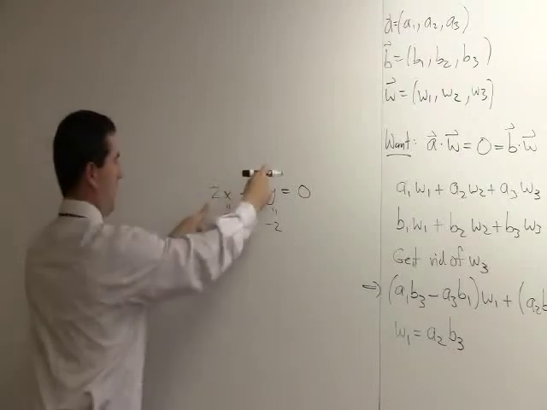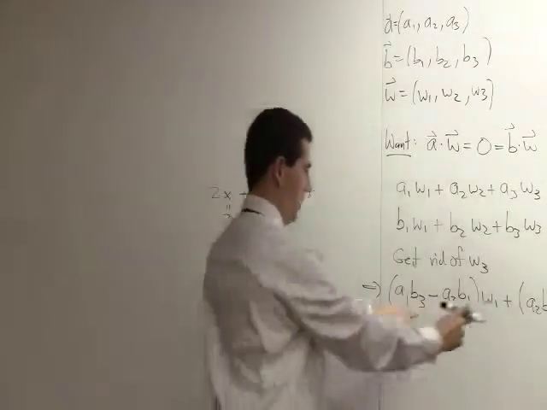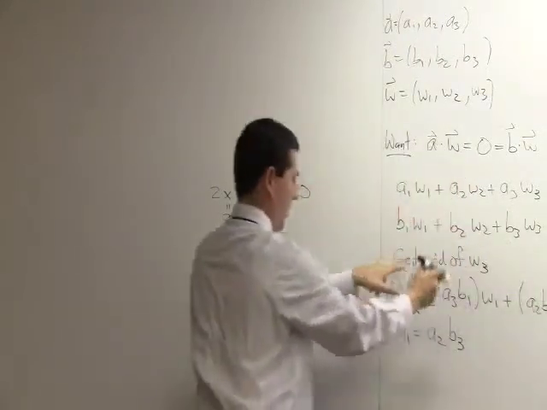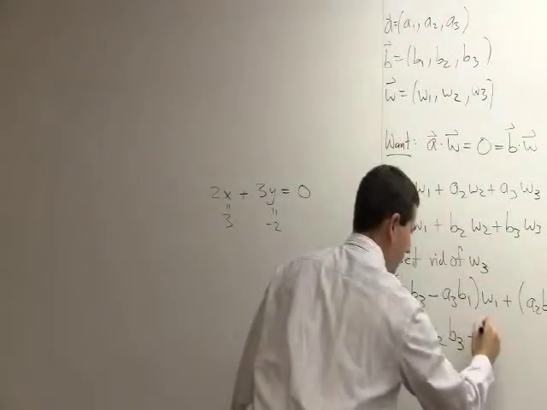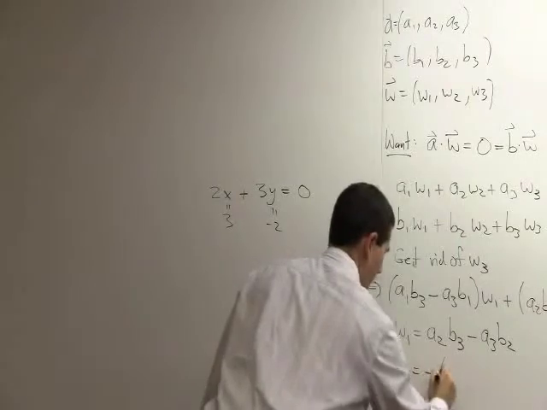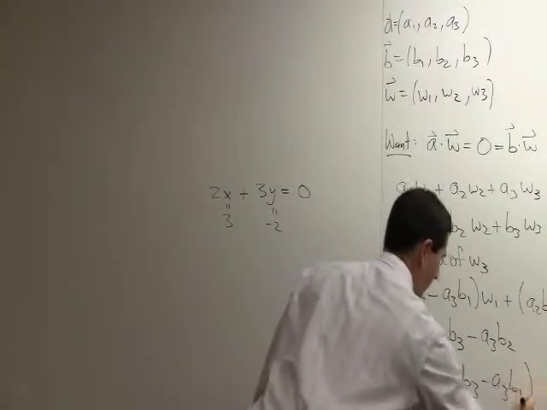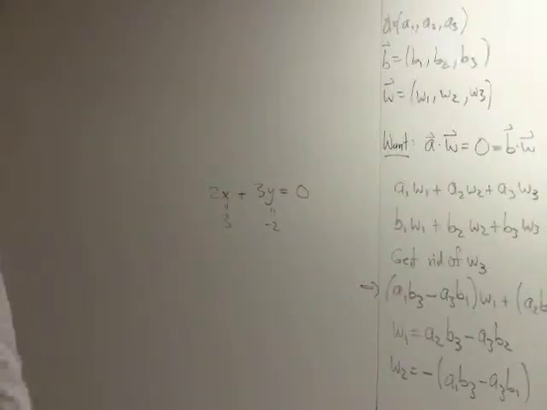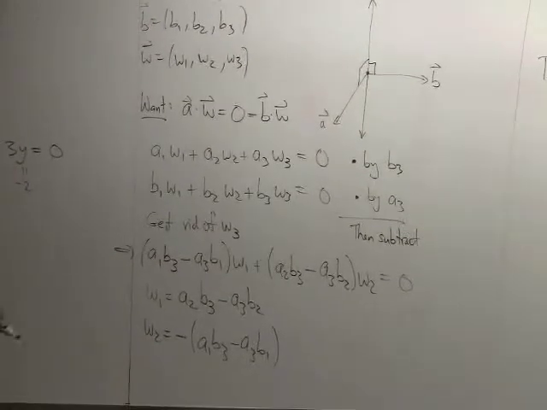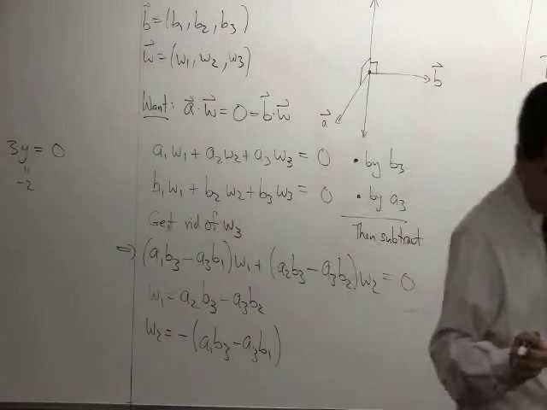So I just take these coefficients and swap them, and one of them I put a minus in front. So I do the same thing here. I take this coefficient and make that W2, but with a minus. I take this coefficient and make that my W1. So I just swap them. And of course, when I add these together, now I must get 0.